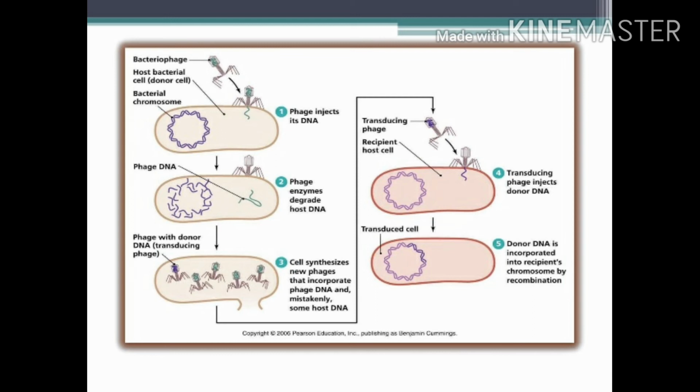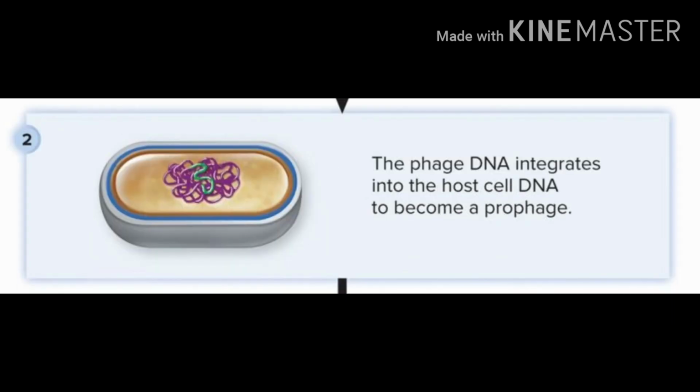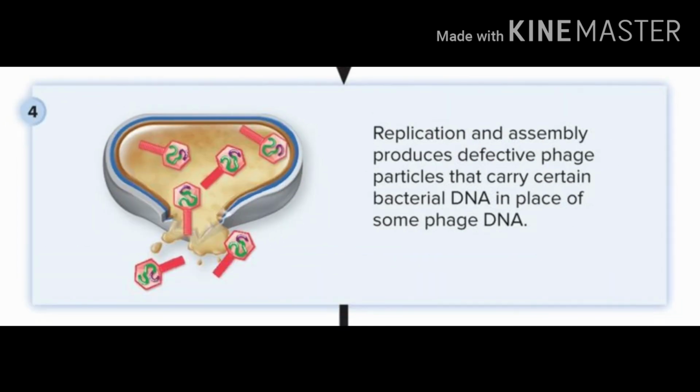Okay, friends, this is the main point. I will explain a bit more. The bacterial DNA is inserted, and this bacterial DNA is replicating and producing many phages. This phage DNA has a phage, but this bacterial DNA has a phage. So in this way the bacterial DNA is transferred to another bacterial cell.